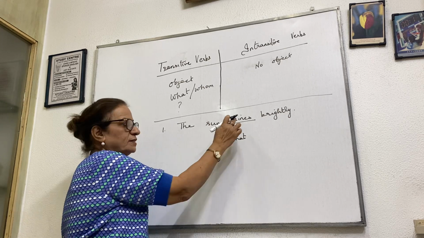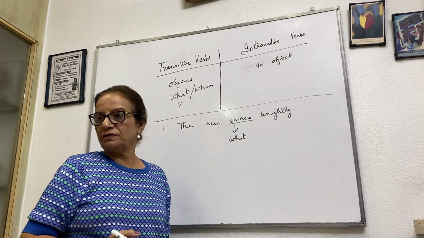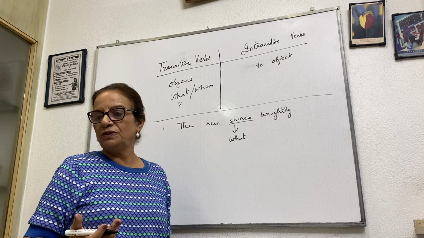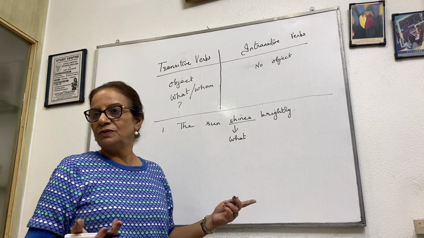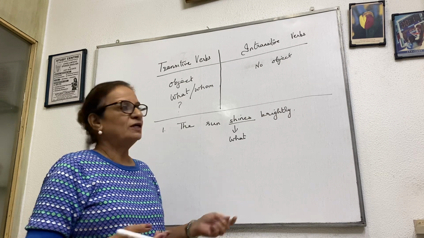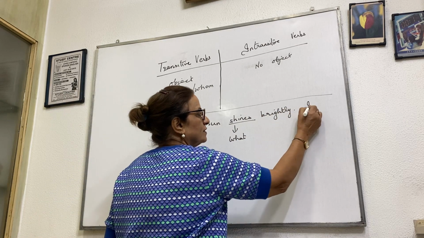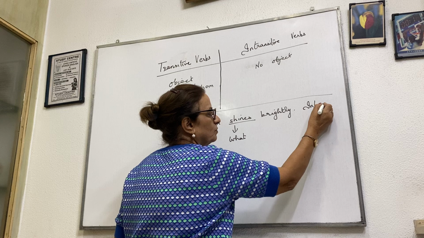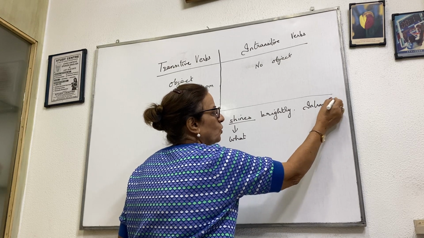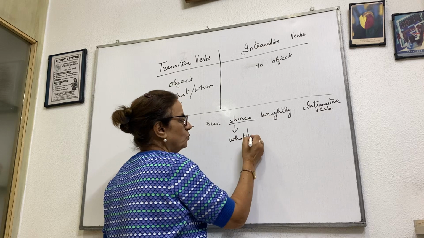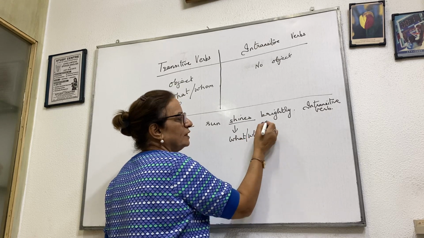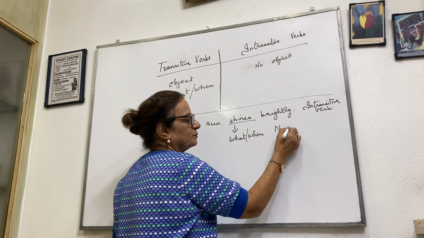Don't say the sun. Say shines what? We don't know. What is shining? Shines whom? It's not answering the question. So that means this is an intransitive verb because it is not answering the question what or whom. That means there is no object.